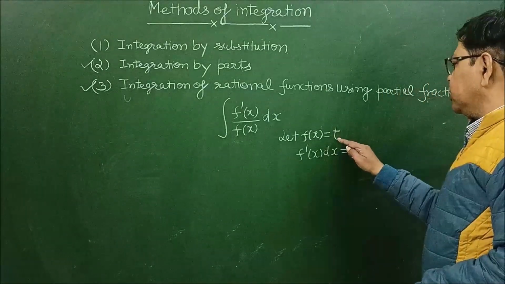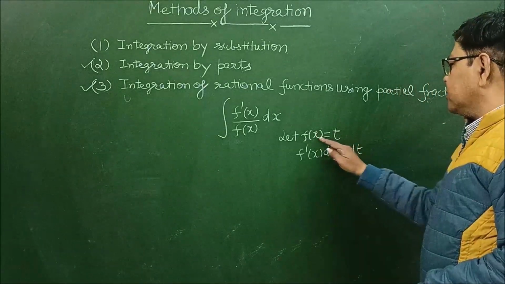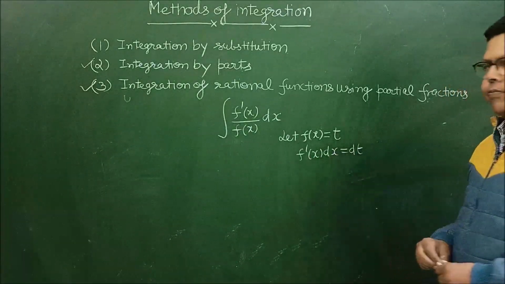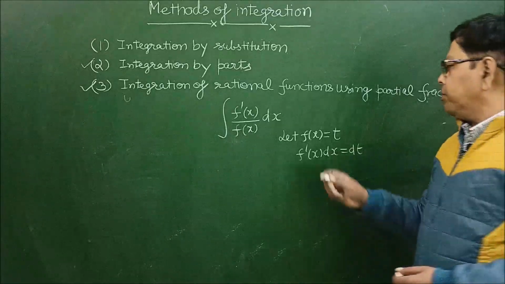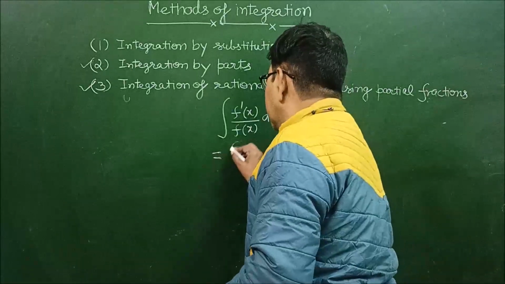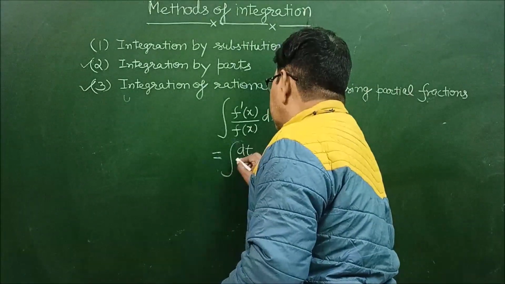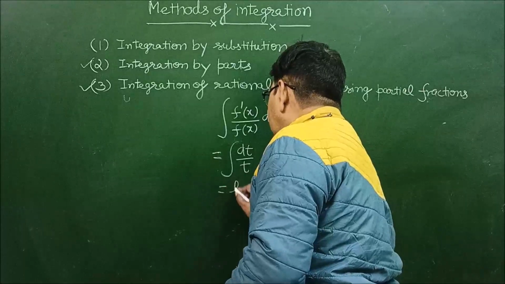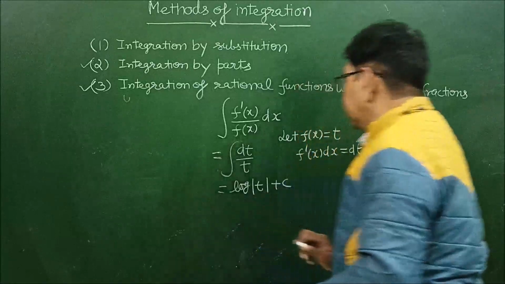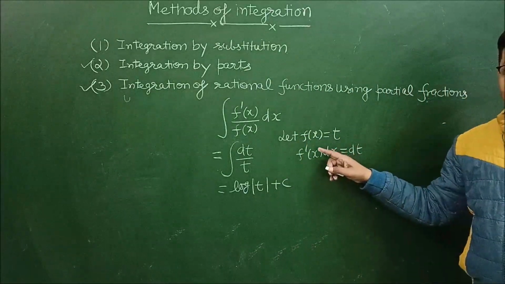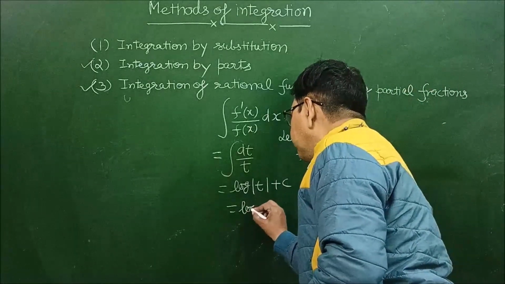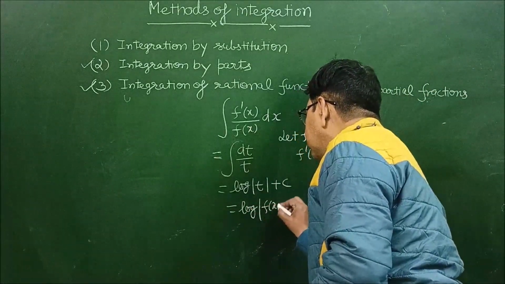Differentiating t with respect to x, dt over dx is equal to f dash x, or we can say f dash x dx is equal to dt. Now replacing f dash x dx by dt in the original integrand, we get dt over t, which gives us log of mod t plus c, and the value of t is fx. So log of mod fx plus c.